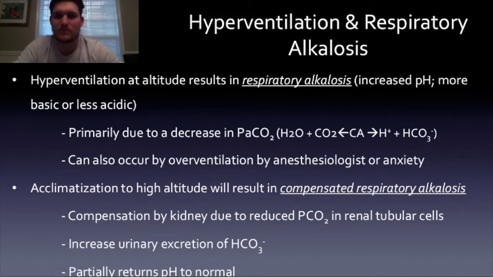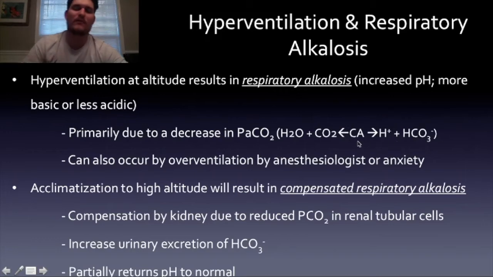And so when we are exhaling more, getting rid of more of this H2O and this CO2, as a result of that, we are going to have less hydrogens and less acid within the system. Therefore, that pH is going to increase and the blood becomes less acidic.